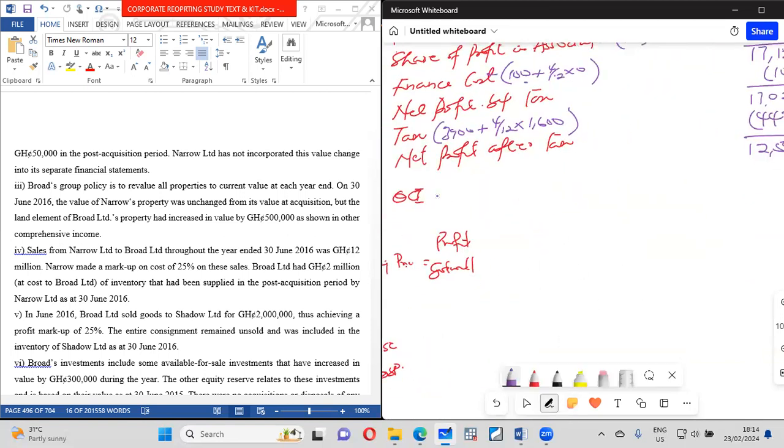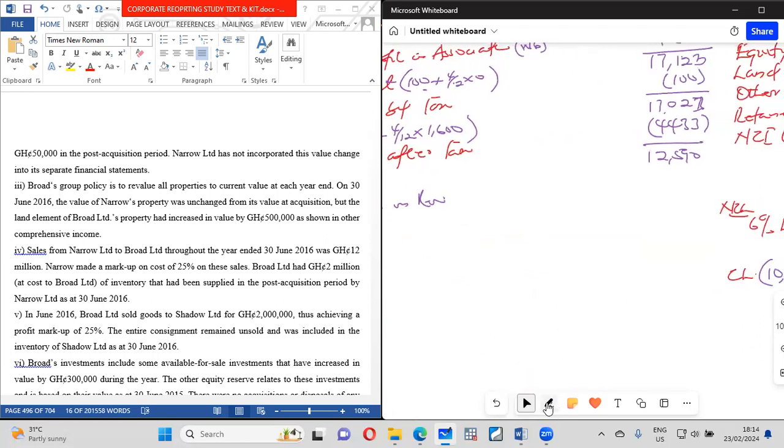The OCI part, what was there? There was gain on revaluation. All right. So already there was gain on available for sale and gain on revaluation. So the gain on revaluation we had there was 500, right? The gain on revaluation is 500. All right.